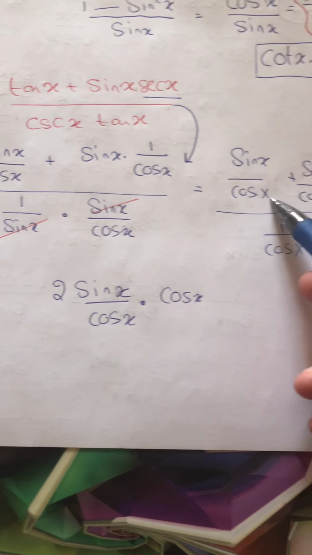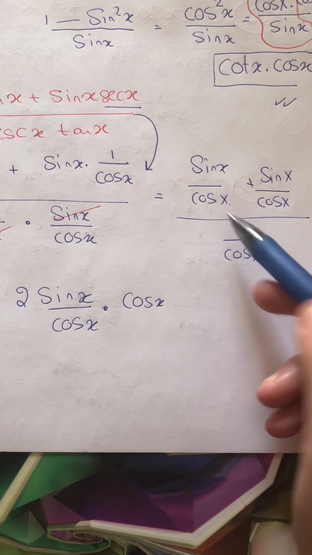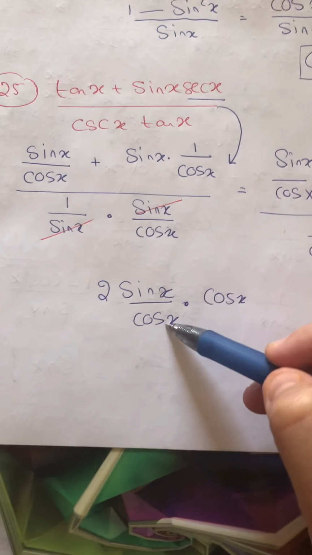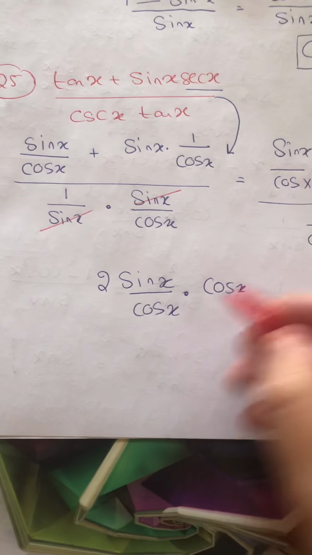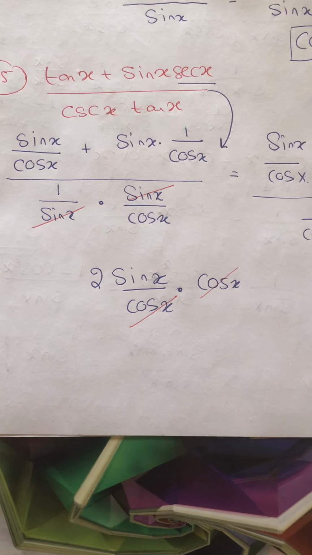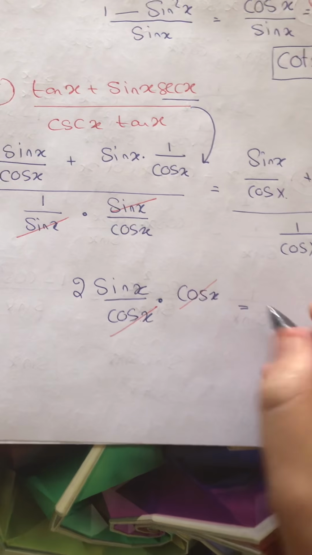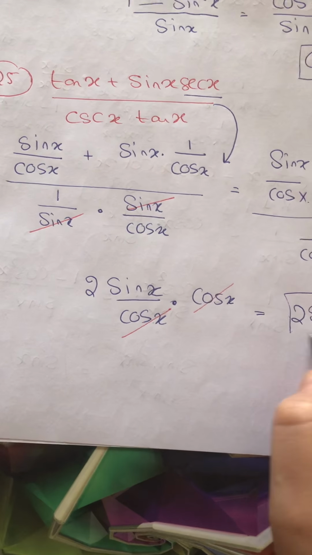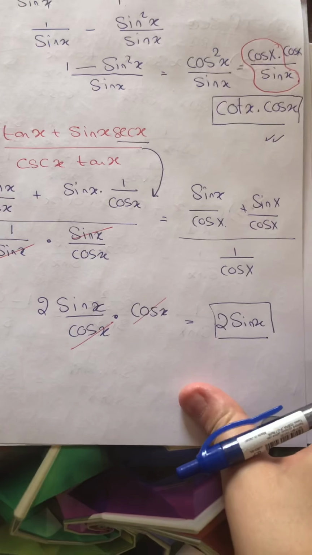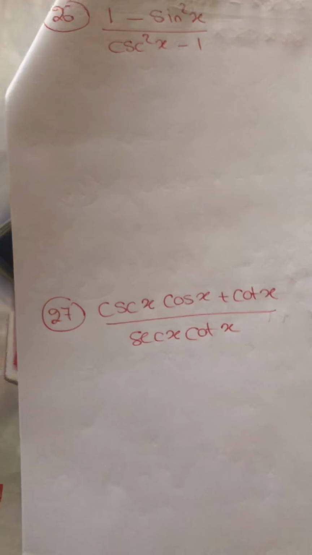And I have 2 sine x over cosine x over 1 over cosine x. Anyways, if I took it upwards, this will cancel this. And your answer, very lovely, very simple, is just 2 sine x. Okay, and move on.